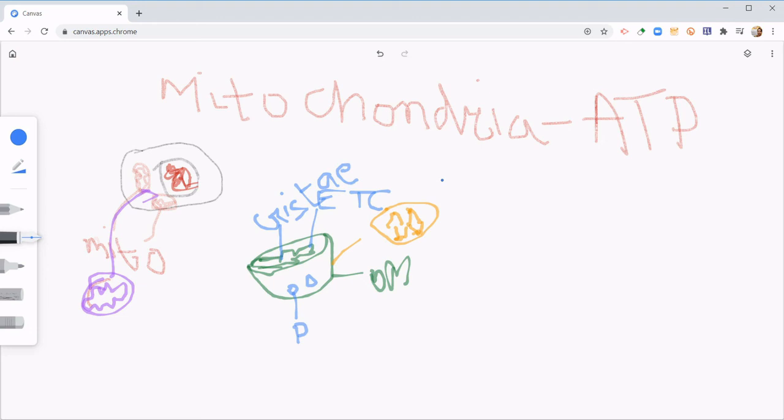This ATP synthase is associated with the production of ATP. So, inside the inner membrane there is another, let me finish this. This is ATP synthase.